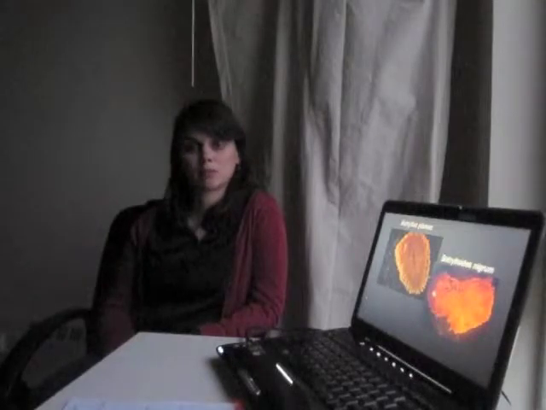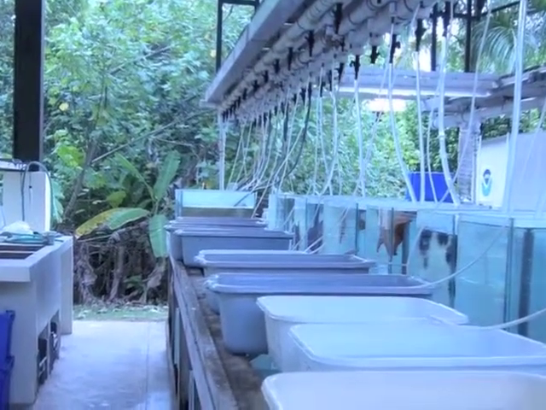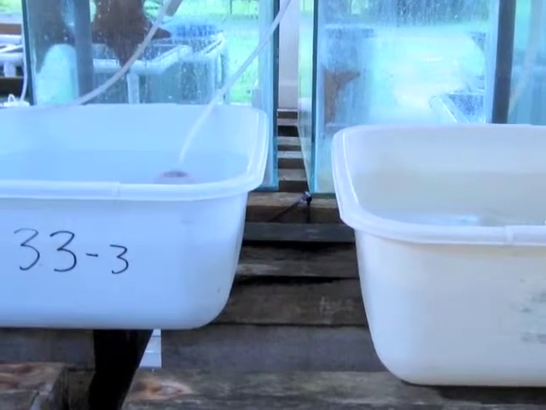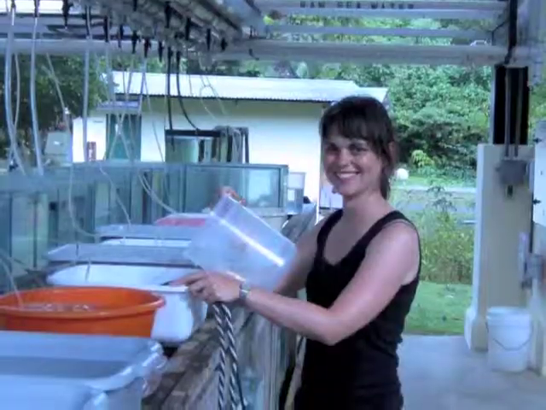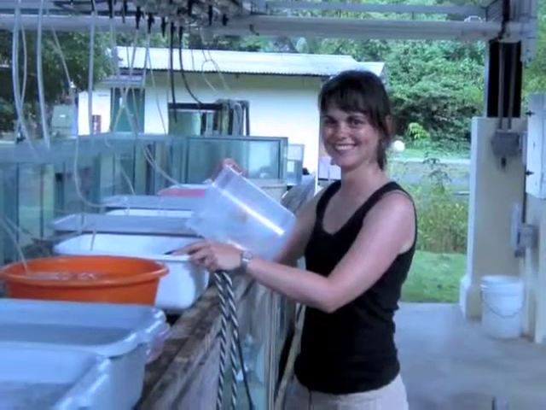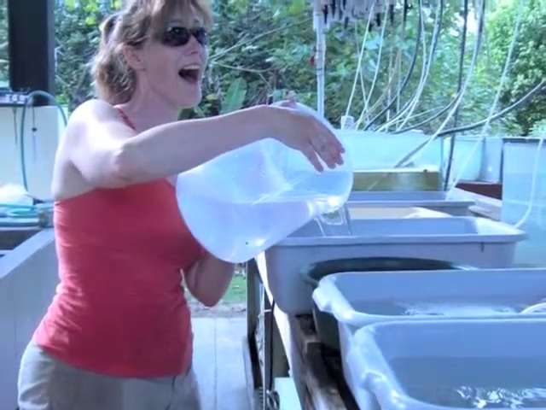Our experiments were run for 10 days outside in the aquaria at STRI, so they were at ambient temperature. Every day we measured salinity and kept it constant, changing the water if needed.